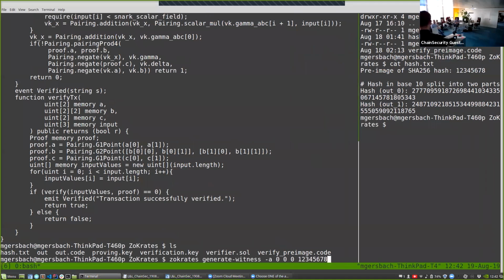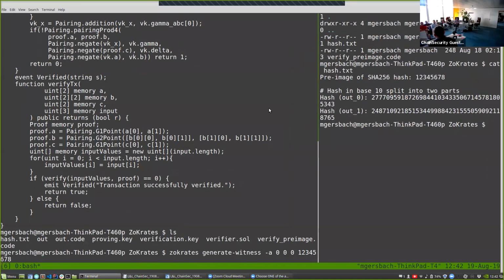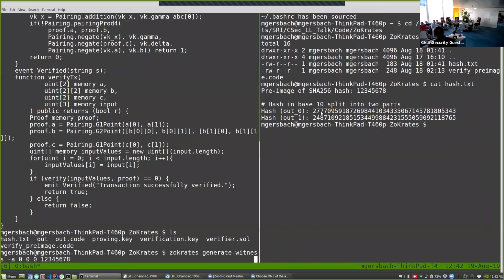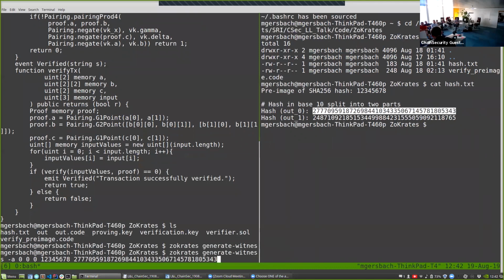So this is what the pre-image will be. It's basically 1, 2, 3, 4, 5, 6, 7, 8, prepended with all zeros. And so the hash, I have to look up now. This works.